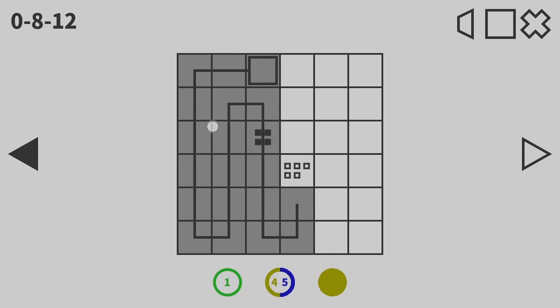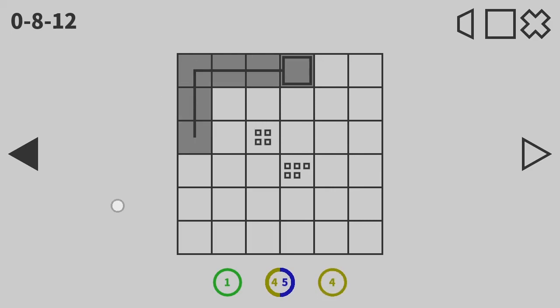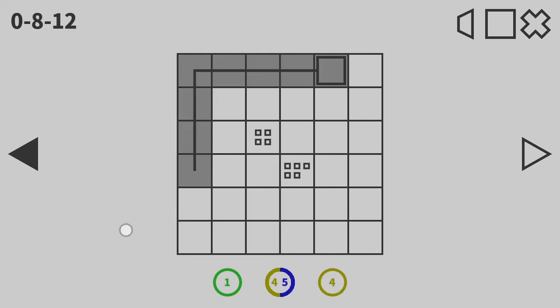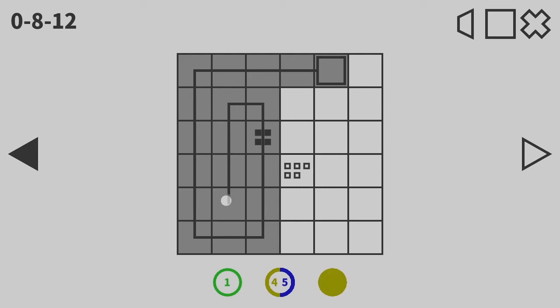What's that? 3 by 6, 18 plus 2, yeah. I don't know a good way of doing this without just trying all this stuff. 3 by 4, 12, yeah. L shape. L shape, L shape.